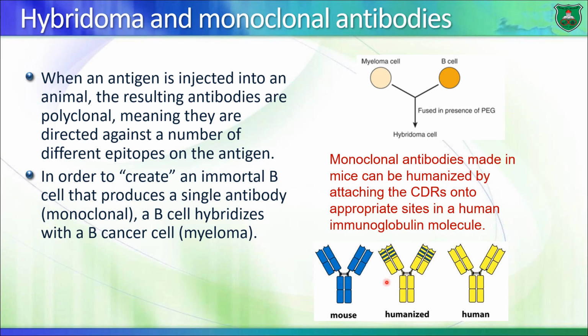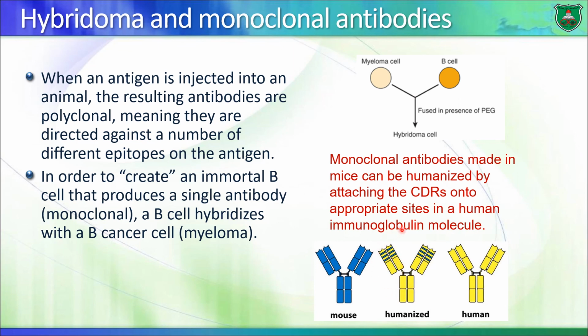Now, if you inject the mouse immunoglobulin into a patient, that would create an immune reaction because the mouse antibody is foreign. It's an antigen by itself. But the hypervariable regions are not considered foreign.